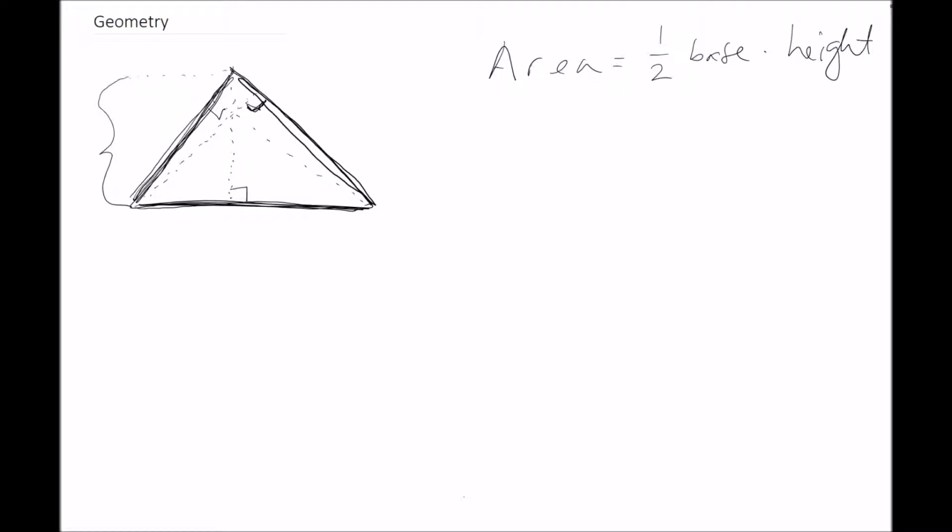In some cases, this can lead to some slightly quirky behavior. So particularly if we have a triangle that has an obtuse angle in it, like this one, for example, if I wanted to use this side of the triangle as the base, the height would be measured from the vertex opposite that side and perpendicular to the line that the base is on, extended out as far as you need to.